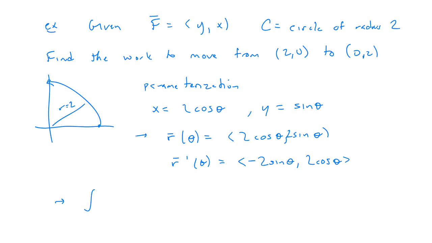So we put our parameterization into our function. So y, which is 2 sine theta, comma x. There's our function. Now take the dot product with our derivative of the path. See, it's the quarter circle, so therefore 0 to pi over 2.